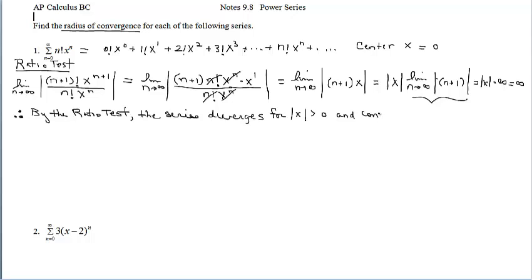And consequently, it converges only at its center. Okay, and so finally, the radius of convergence, uppercase R, is equal to 0.